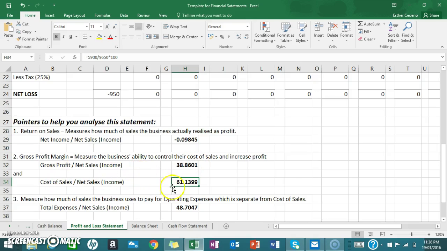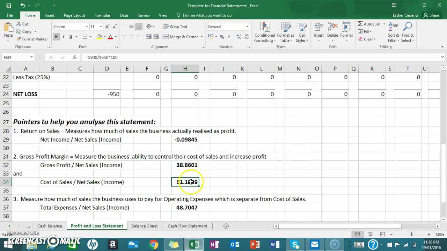Here it showed you that the cost of goods sold is 61% of the total money that was earned, which left gross profit with only 39% as profit before you cover your operating expenditure. And note that your operating expenditure was 48% of your sales.